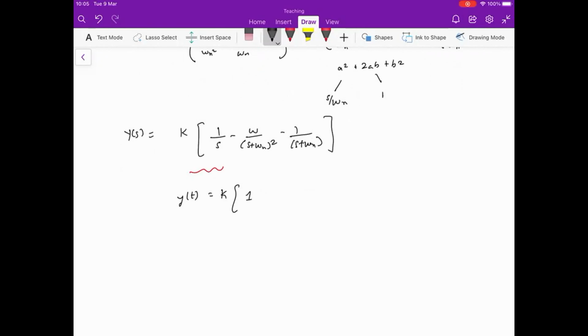And then the next one, the 1 over s plus omega n, becomes minus e to the minus omega n t. This comes from the fact that 1 over s plus a has the inverse transform e to the minus at. So this is 1 over s plus omega n, and that's going to be e to the minus omega n t.